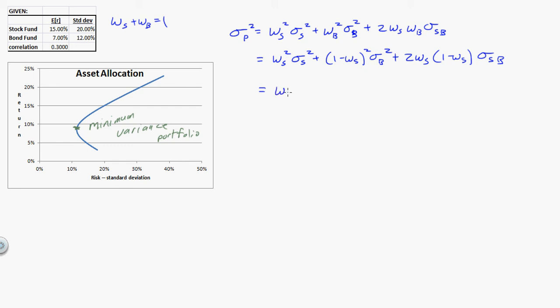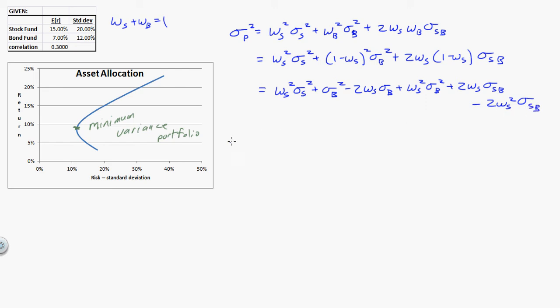It's going to be the weight of the stock squared times the variance of the stock, plus the variance of the bond fund, minus 2 times the weight of the stock times the variance of the bond fund, plus the weight of the stock squared times the variance of the bond fund, plus 2 times the weight of the stock times the covariance of stock and bond, minus 2 times the weight of the stock squared times the covariance of stock and bond.